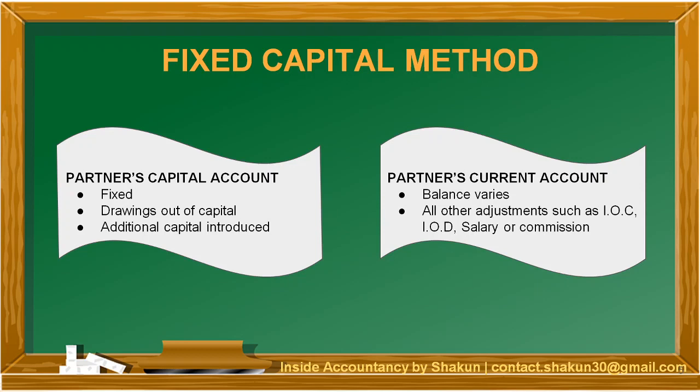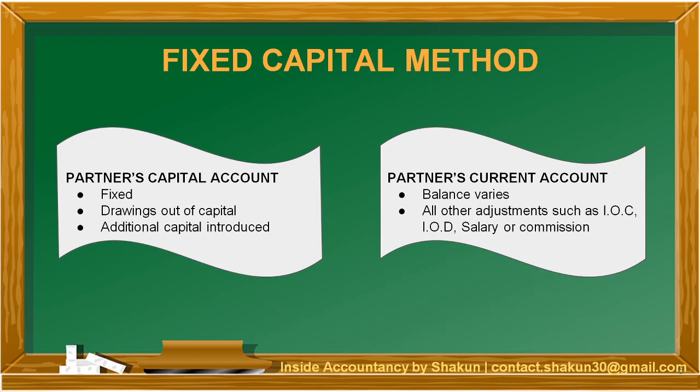When the fixed capital method is followed, two accounts, namely partner's capital account and partner's current account, are prepared. The capital account of each partner shows the same balance year after year and changes only if additional capital is introduced or if drawings are made out of capital.